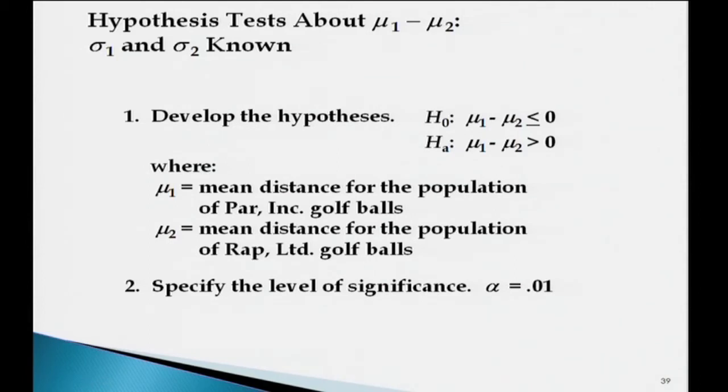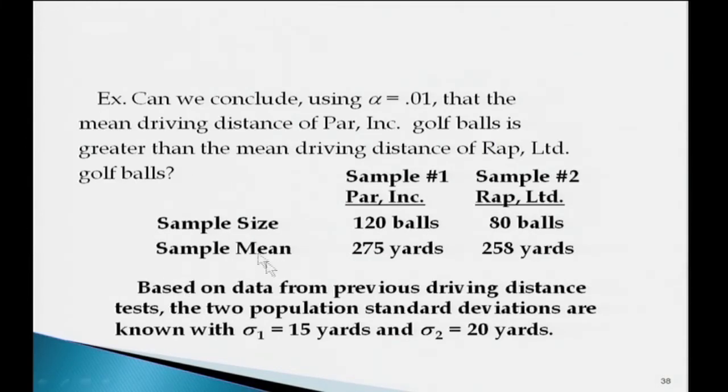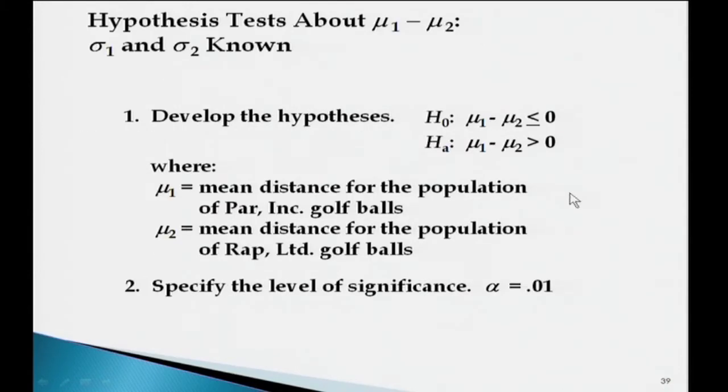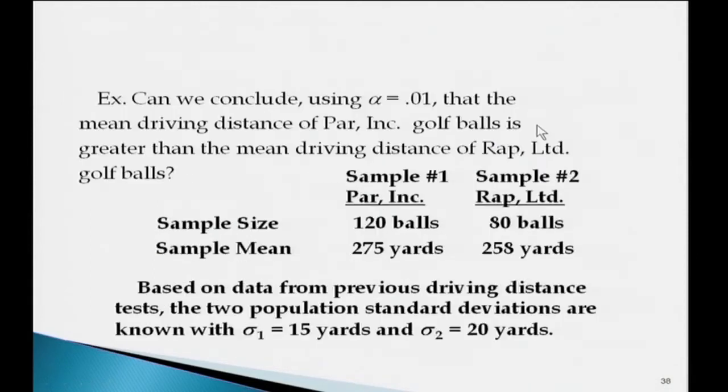We can develop the hypothesis. For Par it is mu 1, sample number 1, and for RAP it is mu 2, sample number 2. So there are two ways. One, we can say mu 1 is greater than or equal to mu 2, and another, mu 1 greater than mu 2, that will be the alternative hypothesis, and mu 1 less than or equal to mu 2. What is his requirement? He wants us to help in concluding whether the Par Inclusive golf ball is travelling a greater distance than RAP Limited.